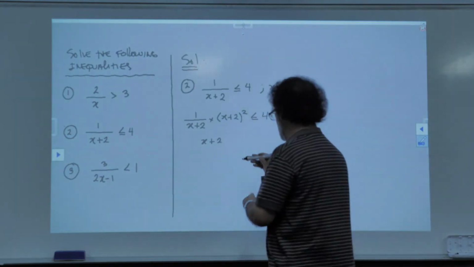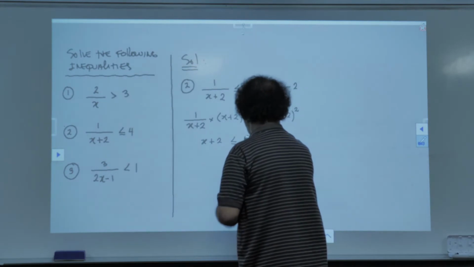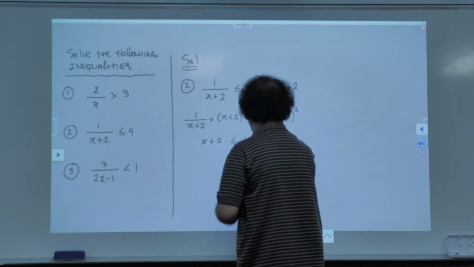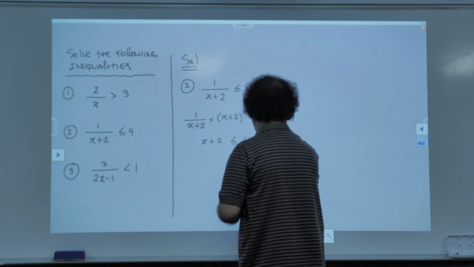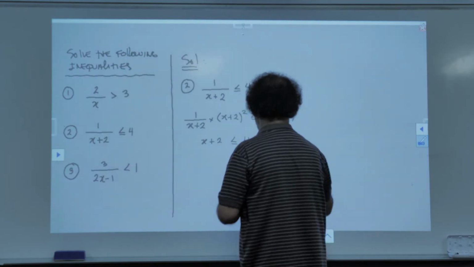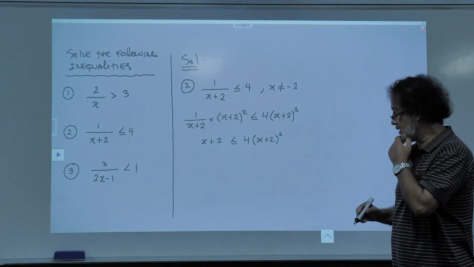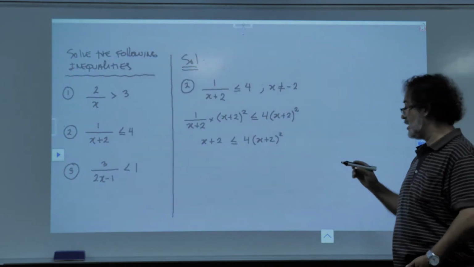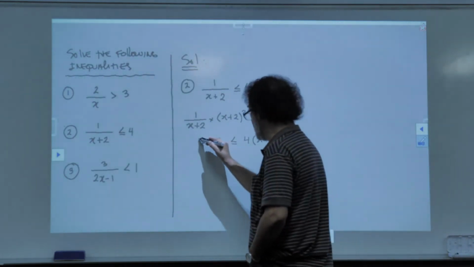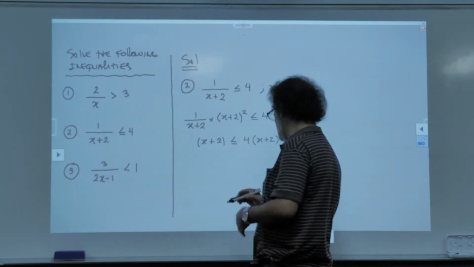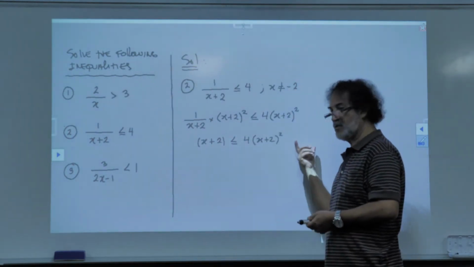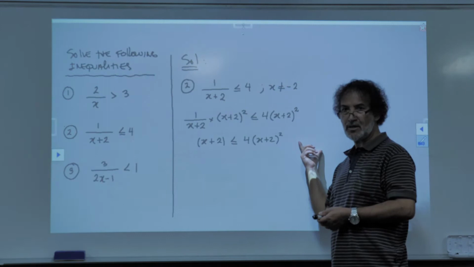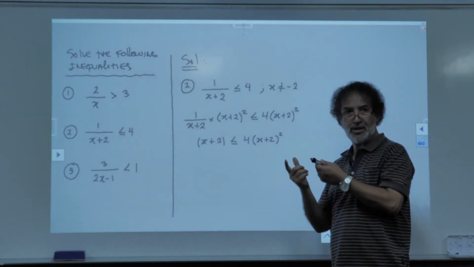On the other side, you're going to have 4(x+2) squared. Then I'm going to insert the bracket, move this x+2 over here, and flip it.